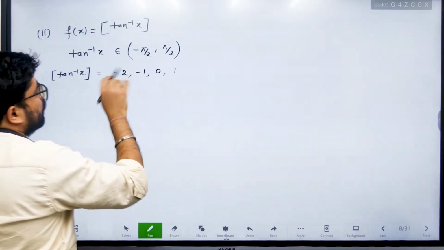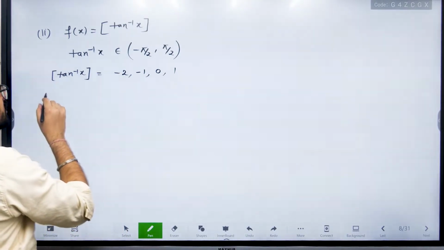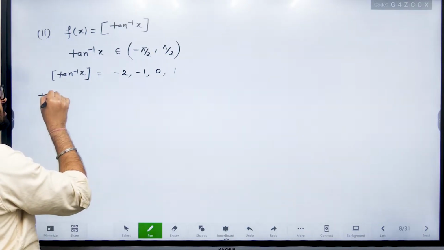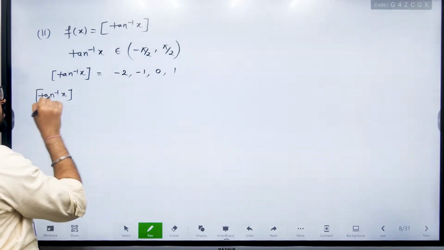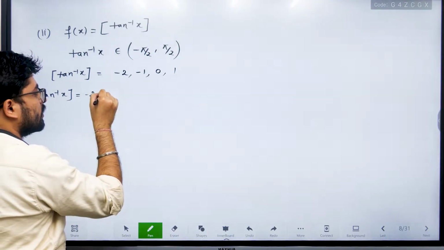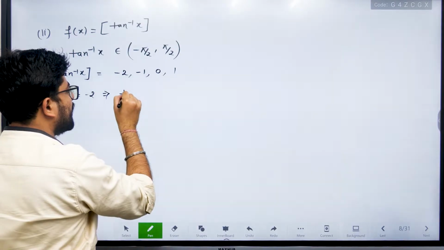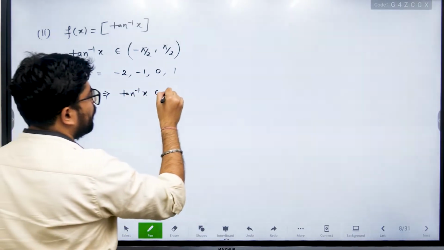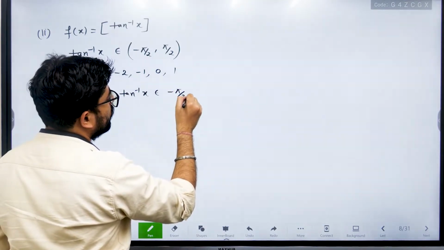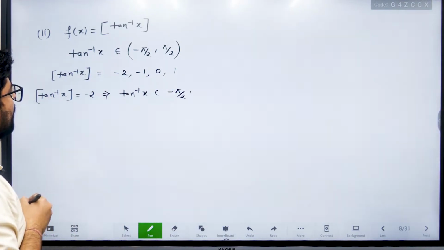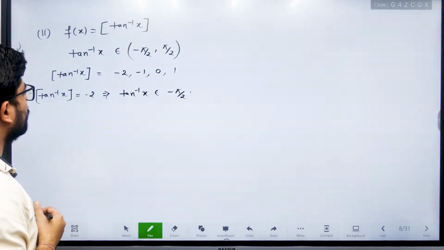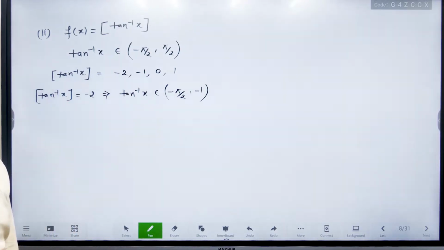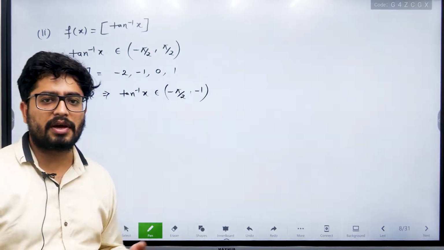So greatest integer of tan inverse x is minus 2. So you can say that implies tan inverse x belongs to minus pi by 2 to minus 1, open, because that minus 1 value is minus 1.